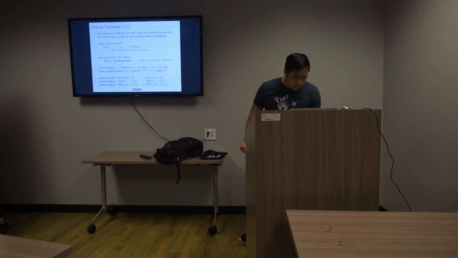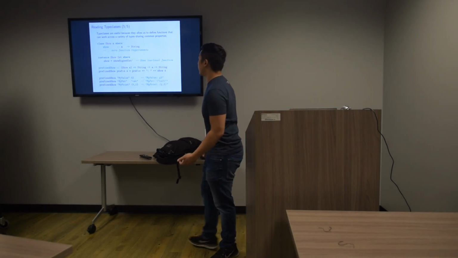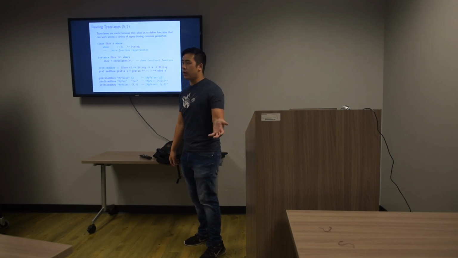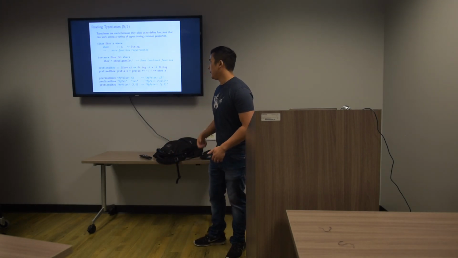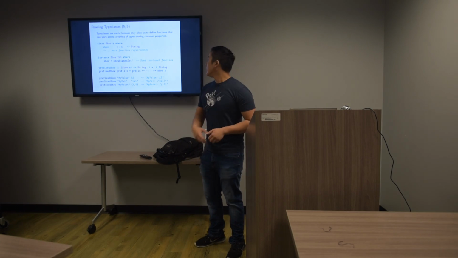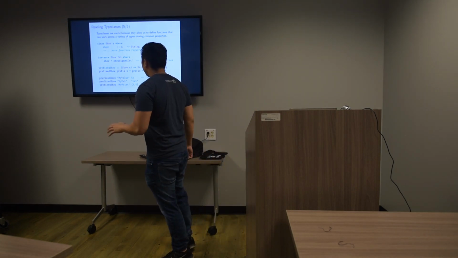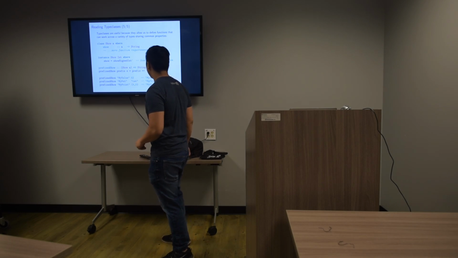Cool. Okay, so another type class is Show, and most types that come stock with Haskell will implement Show. Basically, it turns into a string, right? Most things implement that. What else?